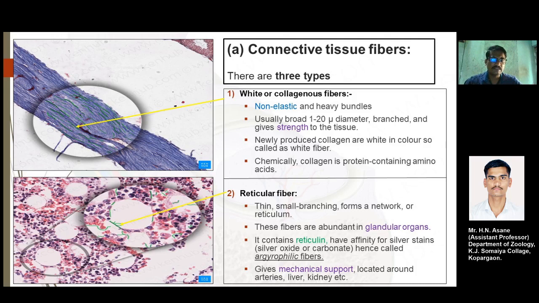The thin thread-like structures you can see in the picture are oozed out from the cells, and are surrounded by the various cells among this tissue. These fibers are branched, and they mainly occur in the glandular organs, meaning the glands itself.